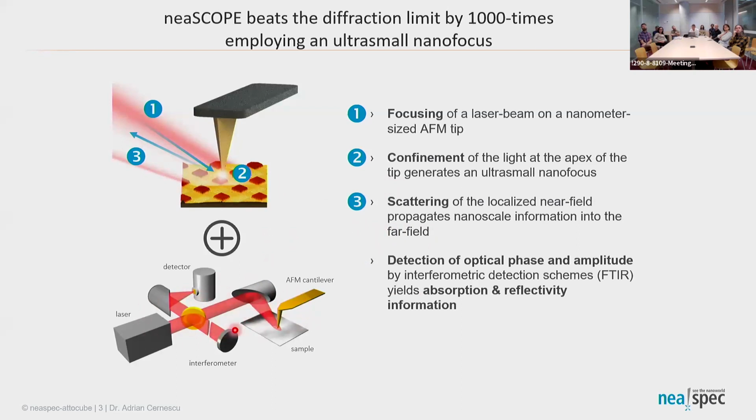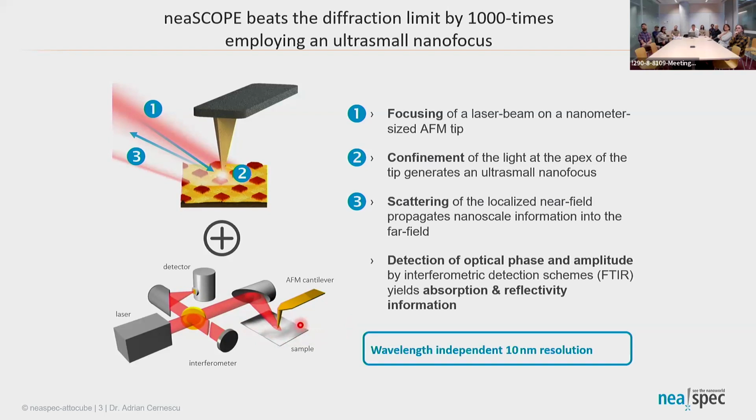By doing this interferometric measurement, we are able to obtain the complex optical function, the absorption and reflectivity information of the material, and everything is recorded with a resolution of about 10 nanometers. This is the size, or the radius, of the AFM tip.